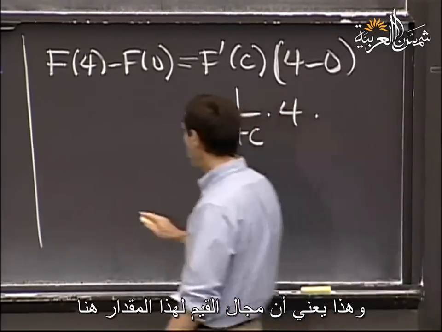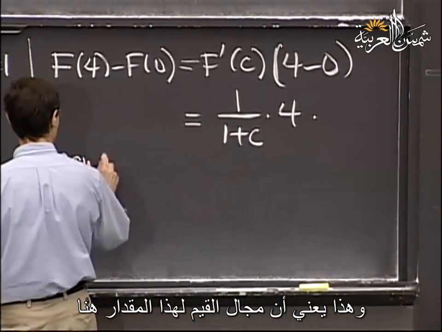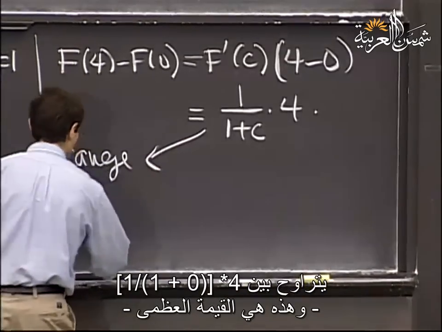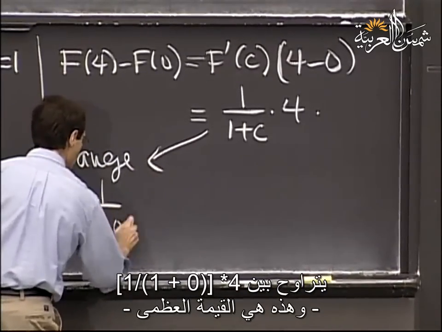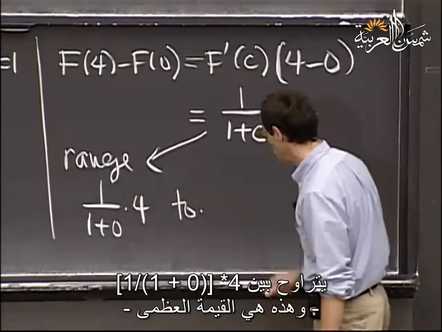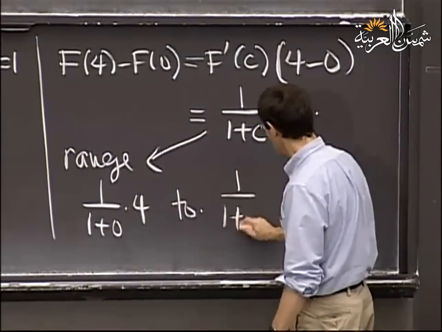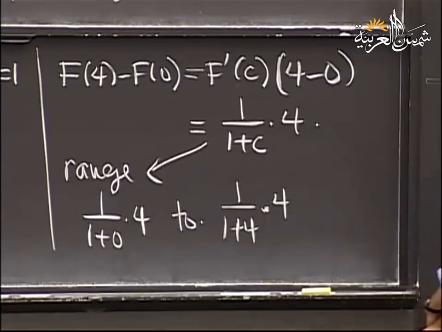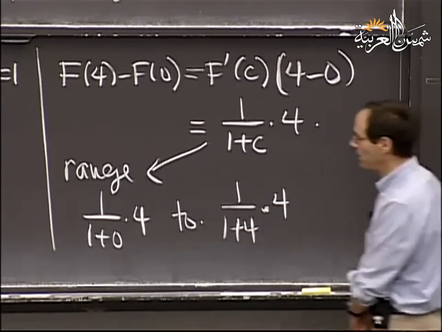And so the range of values of this number here is from 1 over 1 plus 0 times 4, that's 4, the largest value, to the smallest that it gets, which is 1 over 1 plus 4 times 4. Right? That's the range.